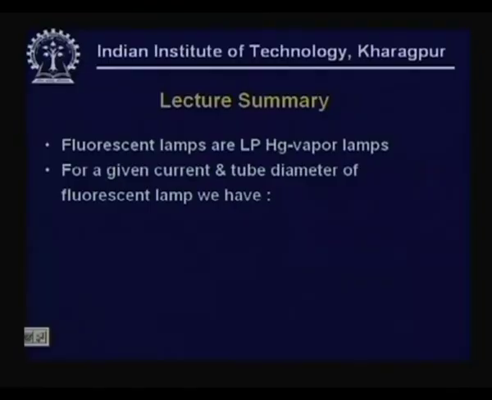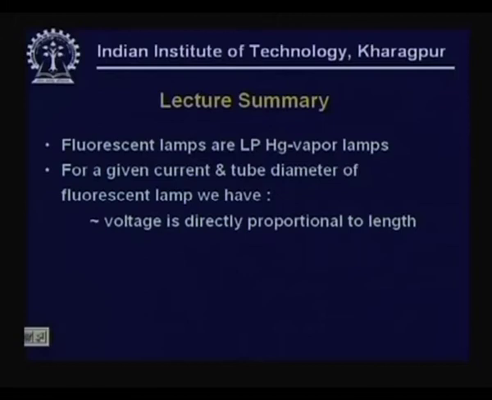For a given current and tube diameter of a fluorescent lamp, the voltage is proportional to the length, obviously. One needs long lengths essentially because the radiation maximum is not at the ends of the electrodes, but a few diameters away from the electrodes, 6 to 7 diameters.